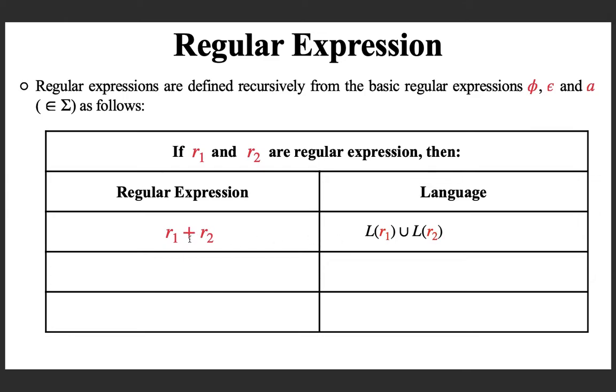So plus is basically set union. R1 R2, R1 concatenated with R2, is a regular expression representing the concatenation of the languages represented by the regular expressions R1 and R2.